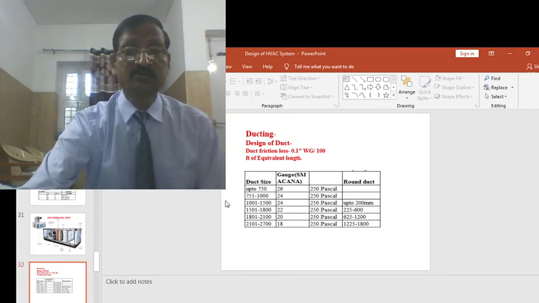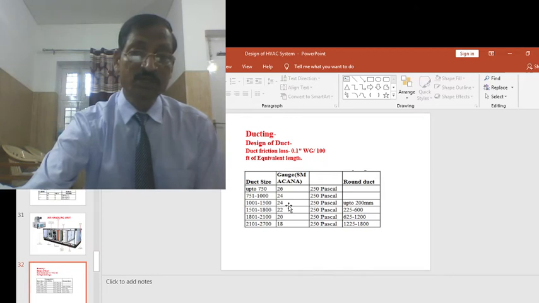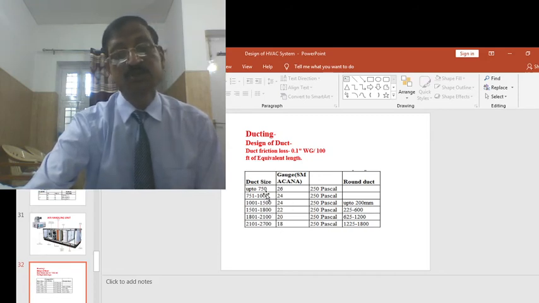One is we refer the IS, and second is SMACNA standards. For example, up to 750 mm, as per the SMACNA it is 26 gauge, or if it is as per the IS, then it will be 24 gauge. For 750 to 1000, 24 gauge, 1001 to 1500, 24 gauge, 1501 to 1800, 22 gauge. So these are the various gauges as per the size of the duct.